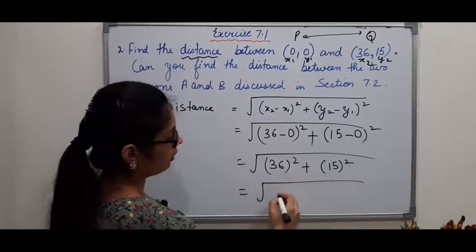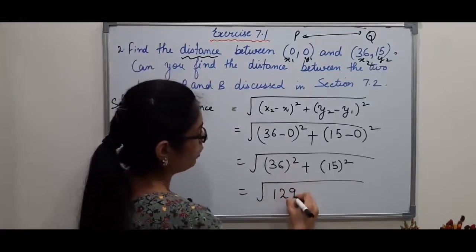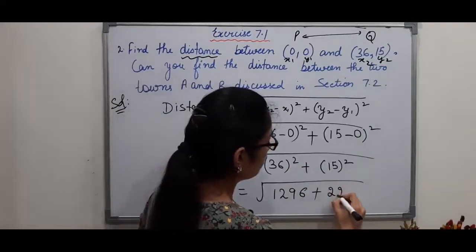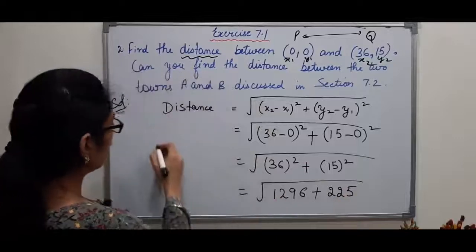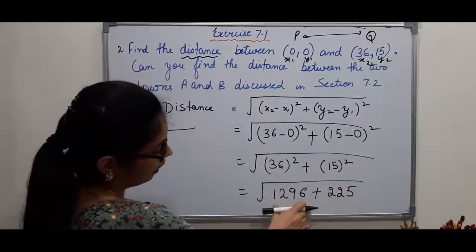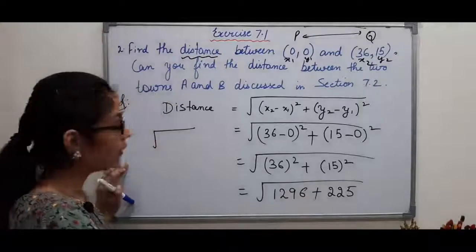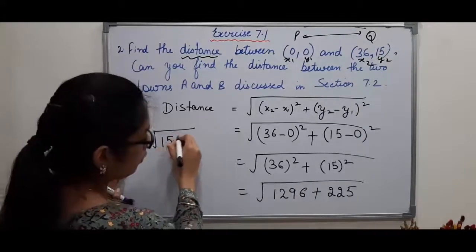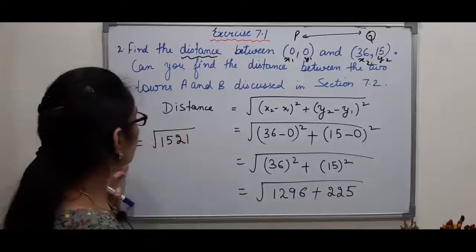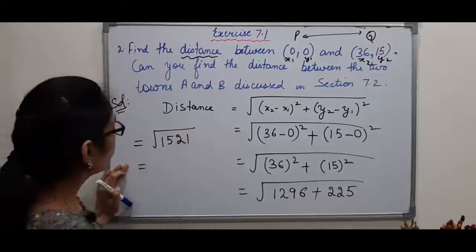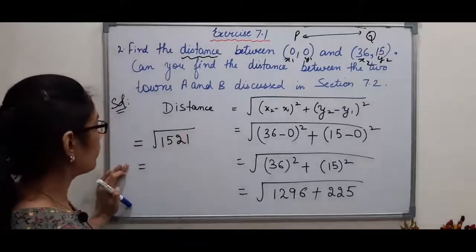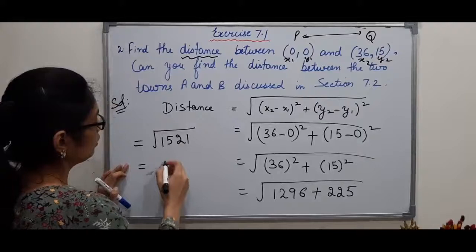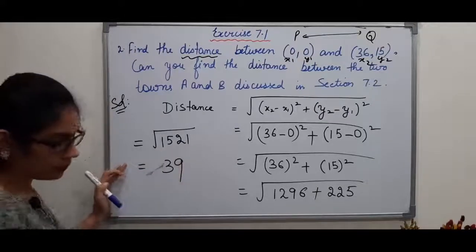The square of 36 is 1296, plus the square of 15 which is 225. You can add 1296 plus 225, and you will get square root of 1521. Once you calculate this square root, you will get your answer as 39. So you can solve it.